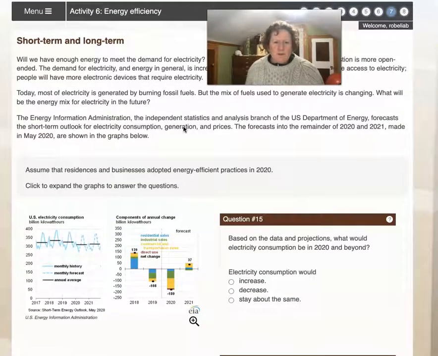The Energy Information Administration, the Independent Statistics and Analysis Branch of the U.S. Department of Energy, forecasts the short-term outlook for energy consumption, generation, and prices. So this was written in 2018, so these predictions were made before they had data from 2020 and 2021.